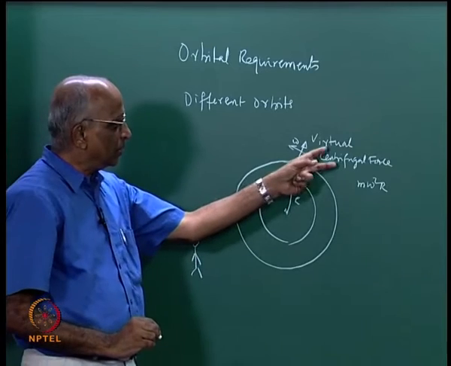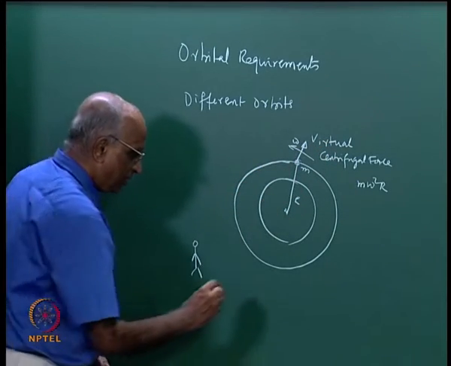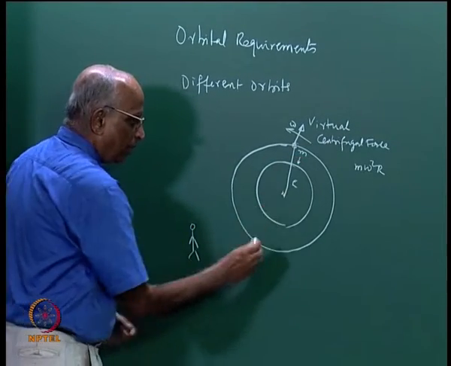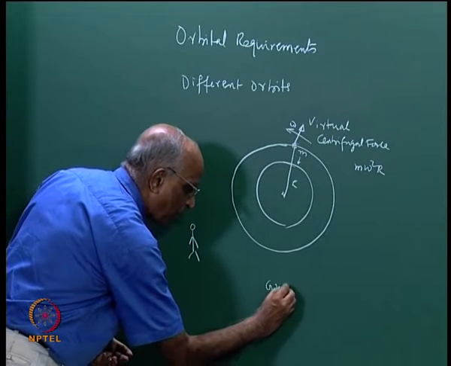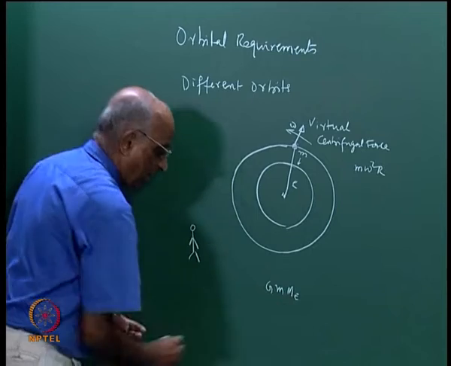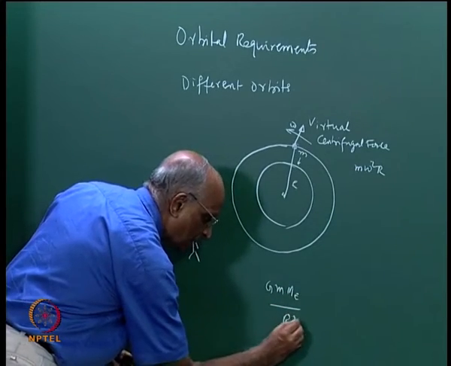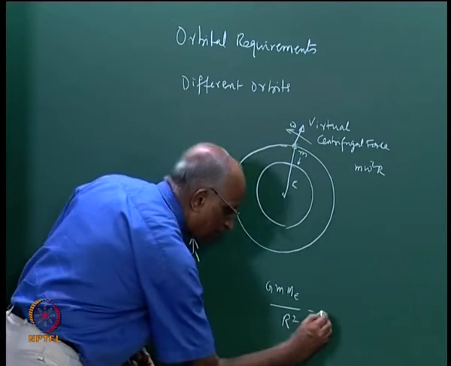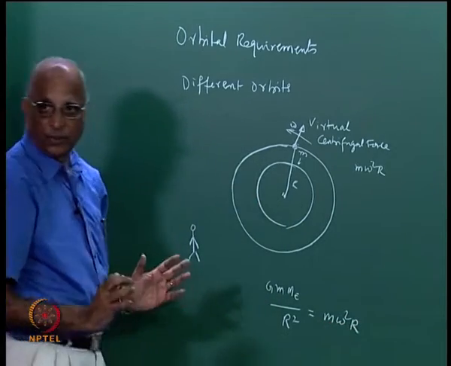Using this pseudo force, we wrote an equation: the earth is attracting this body due to the universal law of gravitation. We wrote it as G me m by r square, where me is the mass of the earth, equal to the pseudo force which is acting, namely m omega square r.